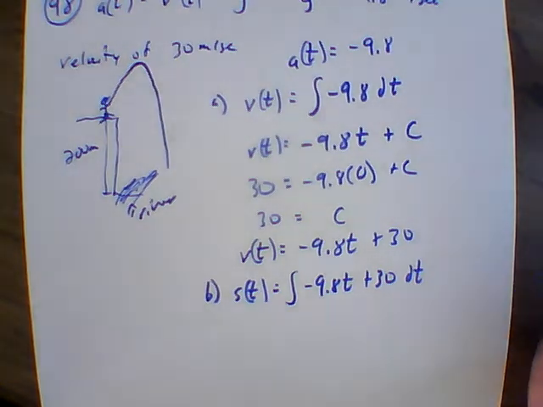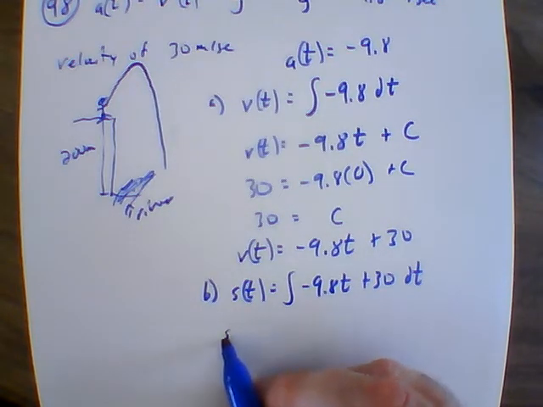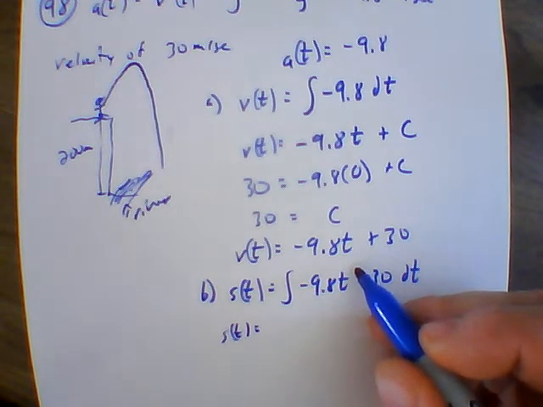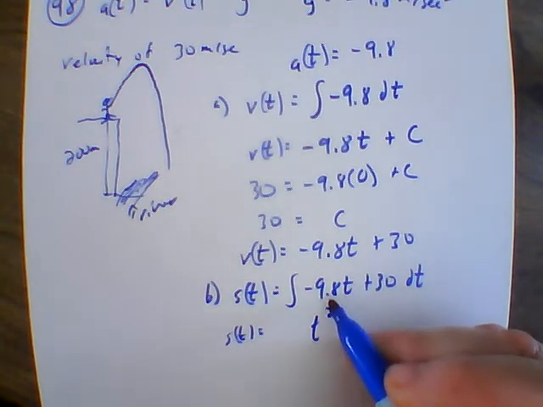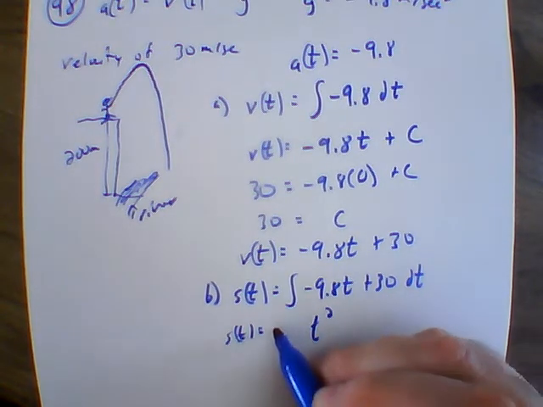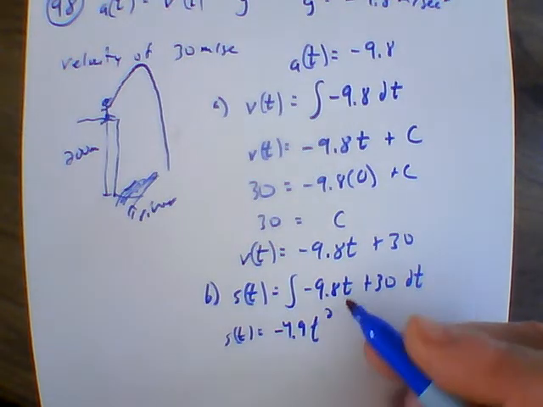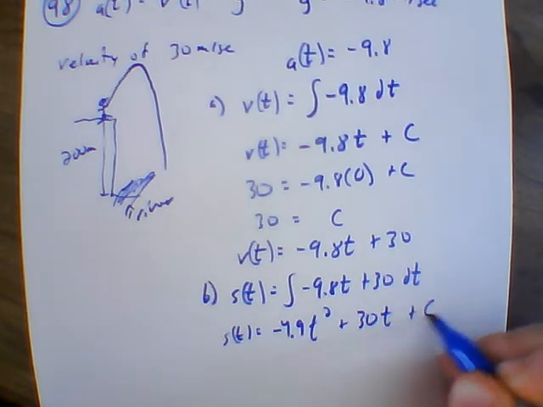This is now going to give us that standard position formula overall. So we see here that we have s of t equals, okay, so we're going to add 1 to this. So if we add 1 here, that would be 2, so we have t squared. We then divide by 2, so we get negative 4.9 t squared plus 30t, and then plus c.